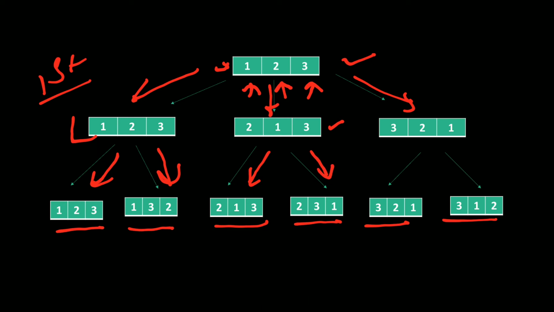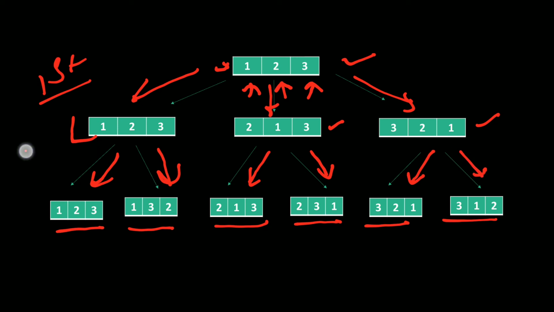Now all the cases of this particular array have been completed. Now we take the third array. We take the second position here also. When we swap the second position with the second position, we again get the same result. Then we swap the second position with the third position and it gives us 3, 1, 2.